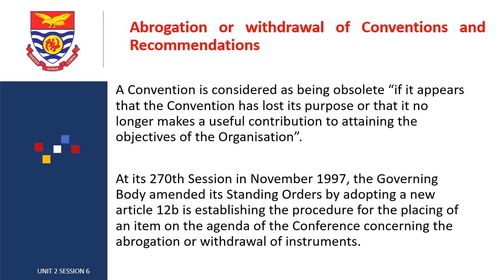So we can withdraw or abrogate a particular convention when we have realized that it has lost the purpose for which it was established. If that purpose is no more there, then that convention has lost its function, and therefore there's no need for us to still have that particular convention.